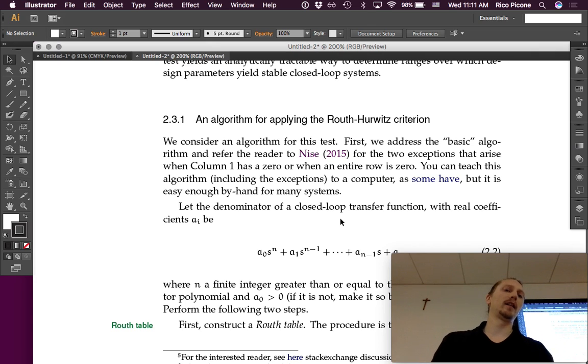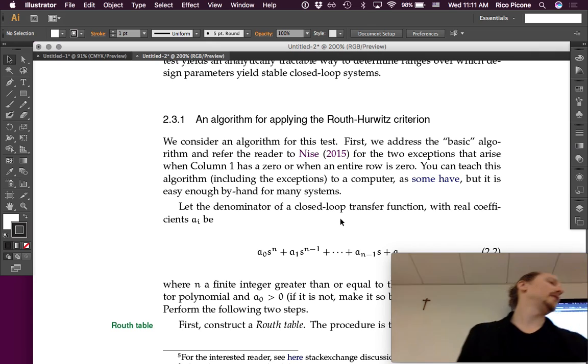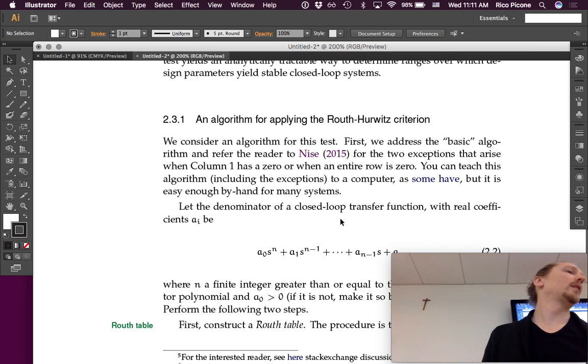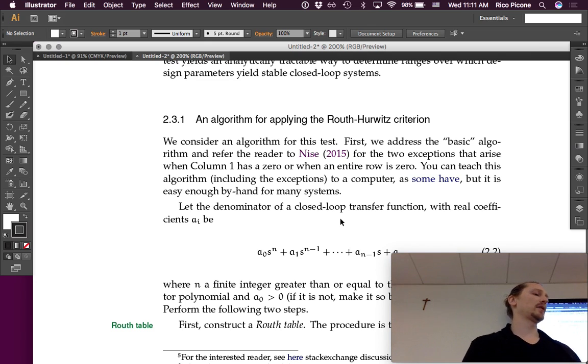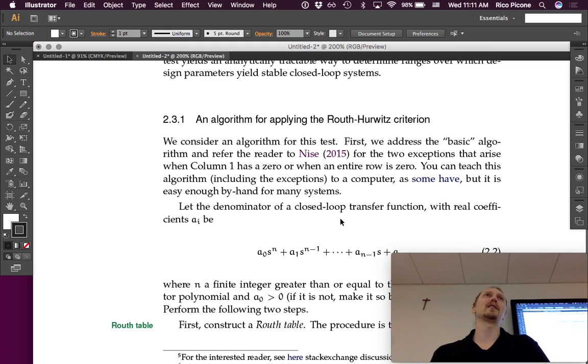They are dealt with in the homework, and in the Nise textbook it talks about how to deal with these exceptions, but I'm going to go over the basic one in class. I don't think that you guys will have any trouble with the extension. You just have to modify the algorithm slightly, and then you can go off on your merry way, and it's almost exactly the same.